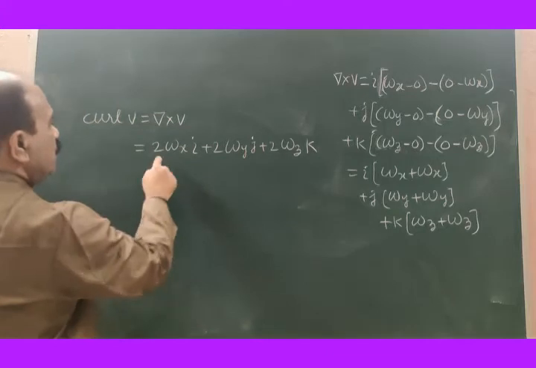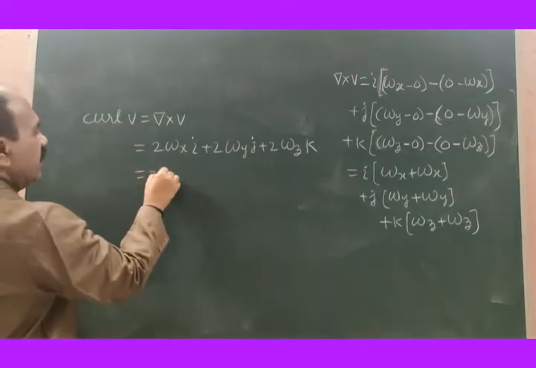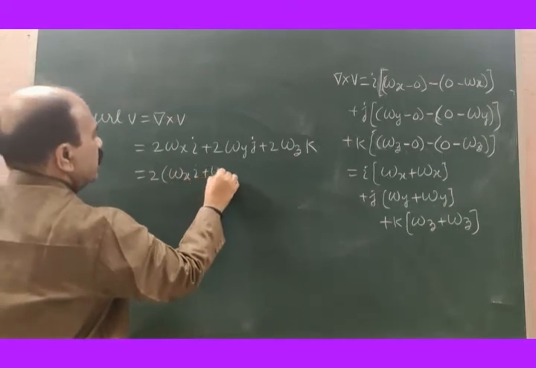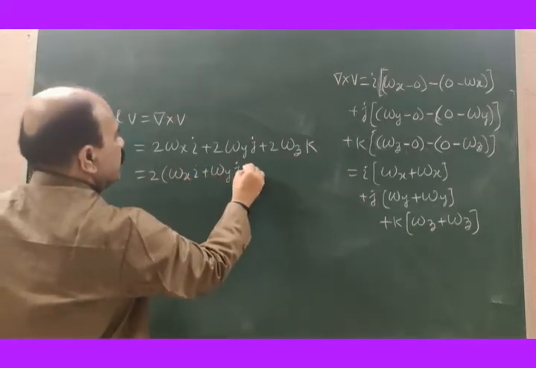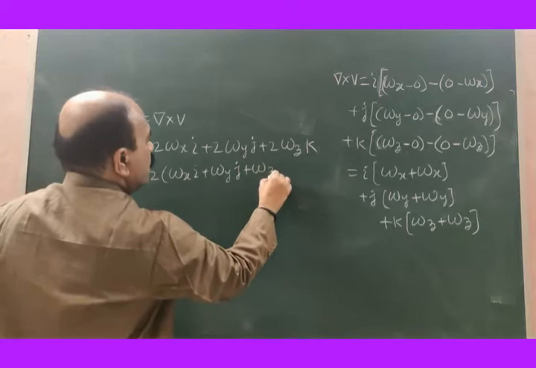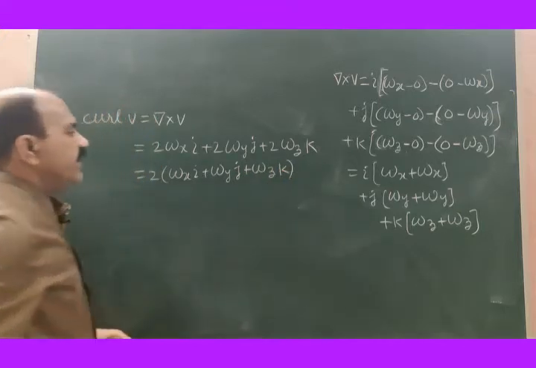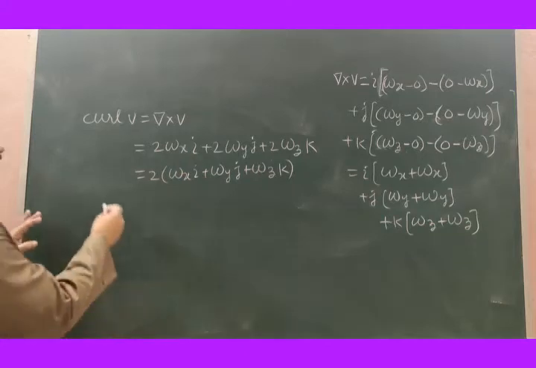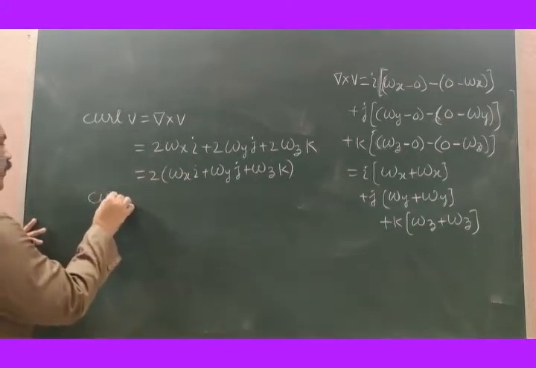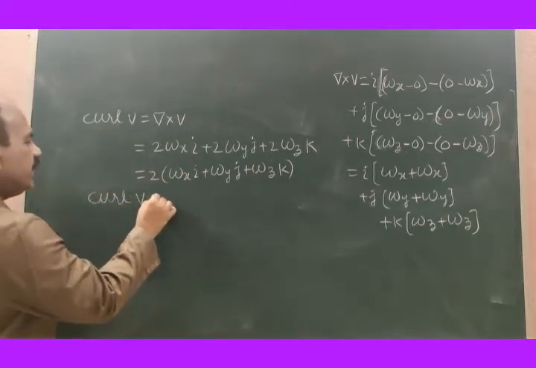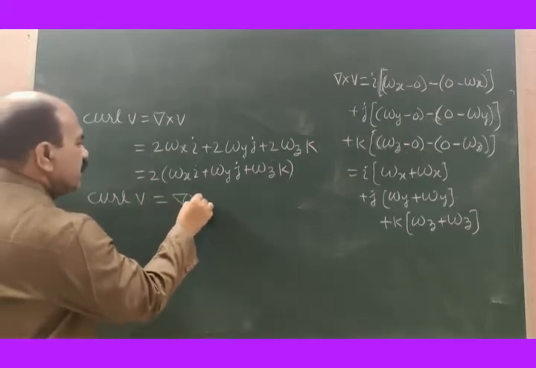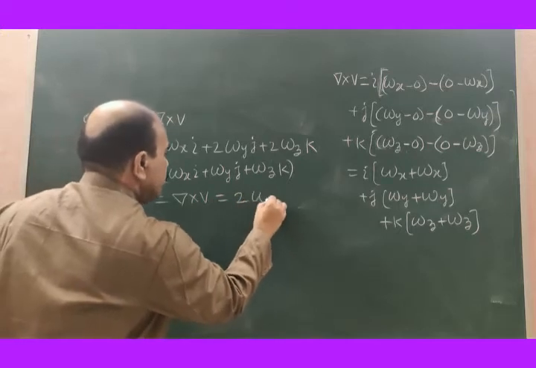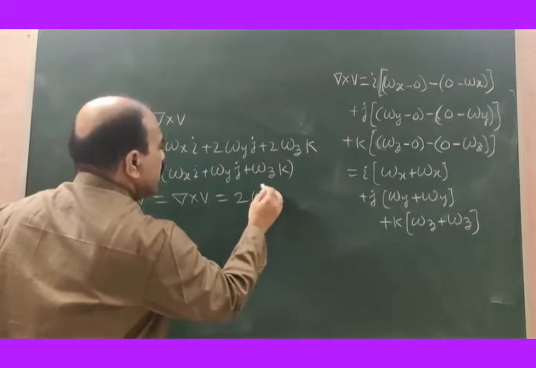Take 2 common, what is left is omega x i plus omega y j plus omega z k, and from equation 3 or 4, what is this one? It is omega, and therefore curl V is equal to del cross V is equal to simply 2 omega.